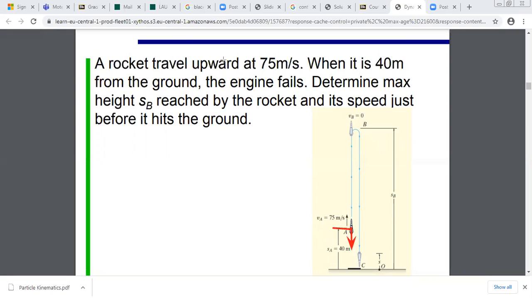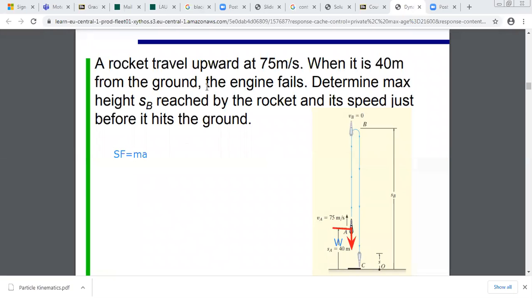To the weight, okay? If you have motion under the effect of weight, you know we are in which case? We are in the case of projectile motion. And in projectile motion, since the only force is weight, then I can write that the sum of forces is equal to m times the acceleration.